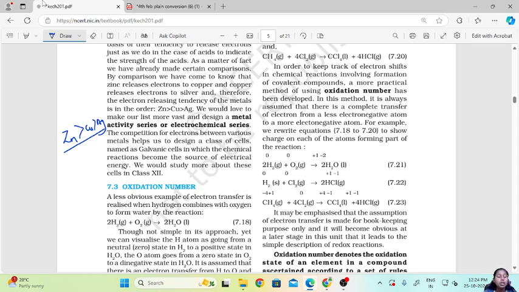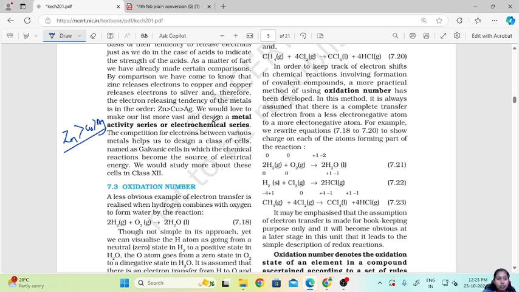We would love to make our list more vast and design a metal activity series or electrochemical series. In the electrochemical series there will be a full chart according to the tendency of electron releasing as well as electron accepting.